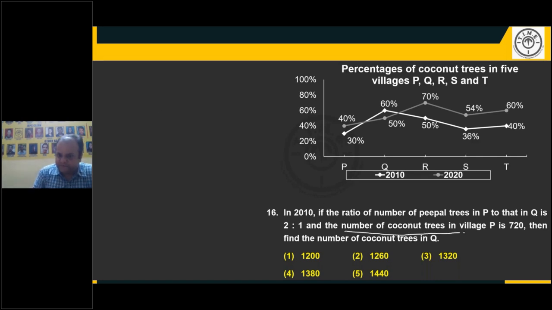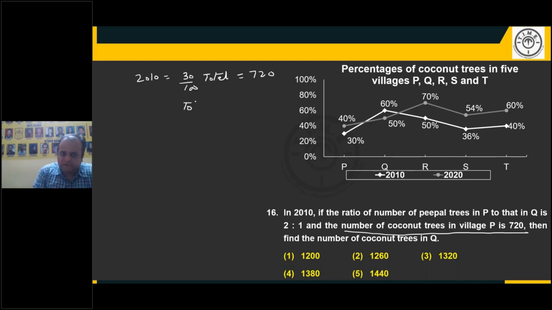The number of coconut trees in village P is 720. In 2010, the percentage of coconut trees is 30% of the total, and that is given to be 720, right? So 30% of total trees is coconut trees, and that is 720. That has been given to us.